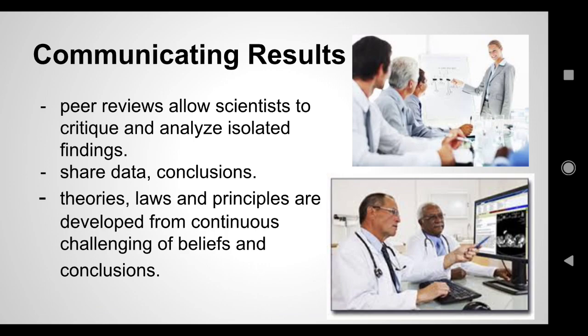They're not just ideas that somebody believes strongly in. They're ideas that have been tested over and over again endlessly until they're considered to be accurate. And of course, those things can be questioned until the next best answer is found. So those are important things to keep in mind in communication of the results.